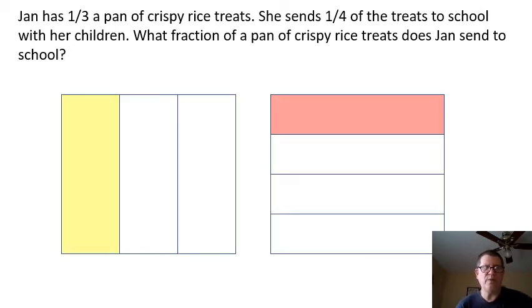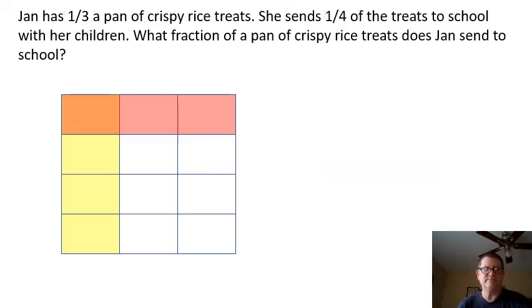Jan has 1/3 of a pan of Rice Krispie treats. She sends 1/4 of the treats to school with her children. What fraction of the pan of Rice Krispie treats does Jan send to school? Well, once again, we know this is 1/3 and this is 1/4, okay? Because that was the pertinent information. And now, once again, we want to know what fraction of the pan they send to school. All right, so just like before, we're going to take these lines and slide them over, okay? We're going to take our quarters into our thirds.